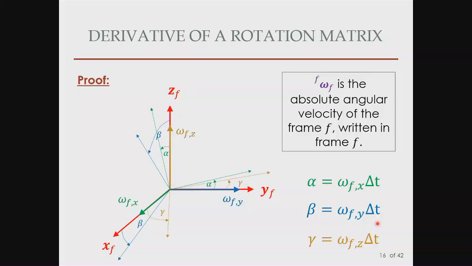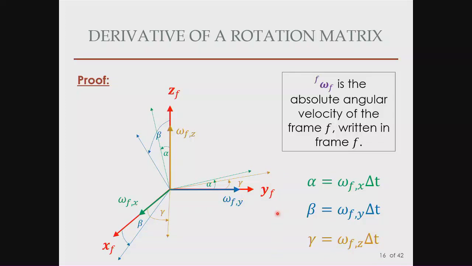And finally, as a result of this component, the z component, axes x and y would sweep some angle on their plane. So x would move with some gamma, which is omega Fz times delta t, and yF would move with that gamma to here, on the plane.